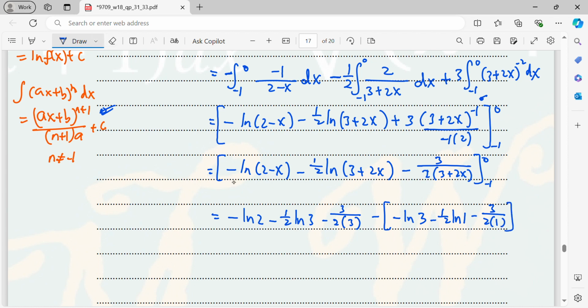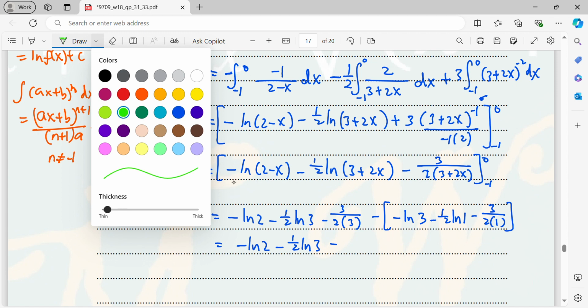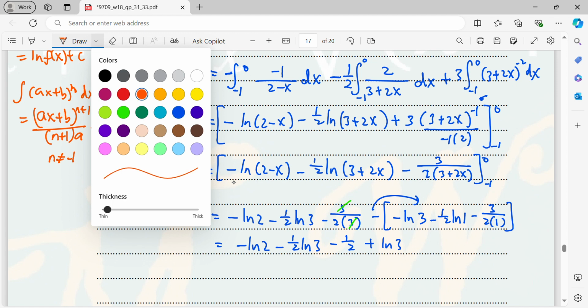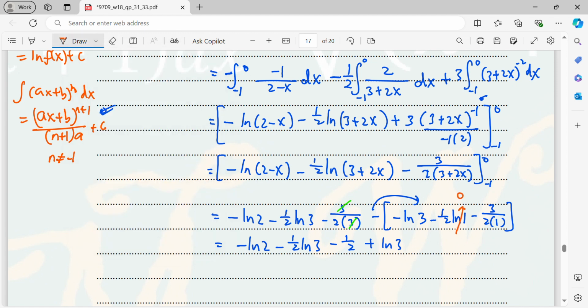Okay, now when you open the brackets, it will be negative ln 2 minus half ln 3 minus, okay, now the 3 can be cancelled off. That is half. Then this minus, bring it in. It will be plus ln 3. Now, ln 1 is 0, so this can be ignored. Then the minus and minus is a plus. So next term, plus 3 over 2.